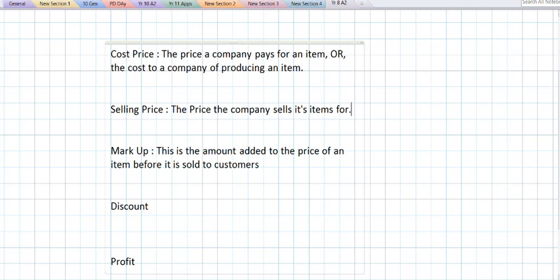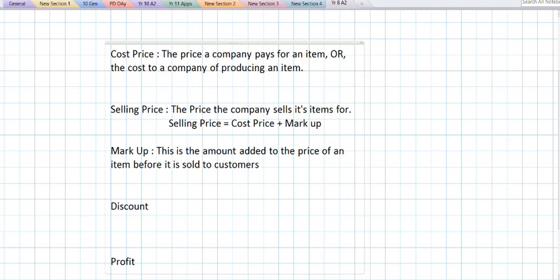Now, how many of you actually have room up near your selling price section? Something small. So we can say the selling price is equal to the cost price plus the markup. Makes sense?